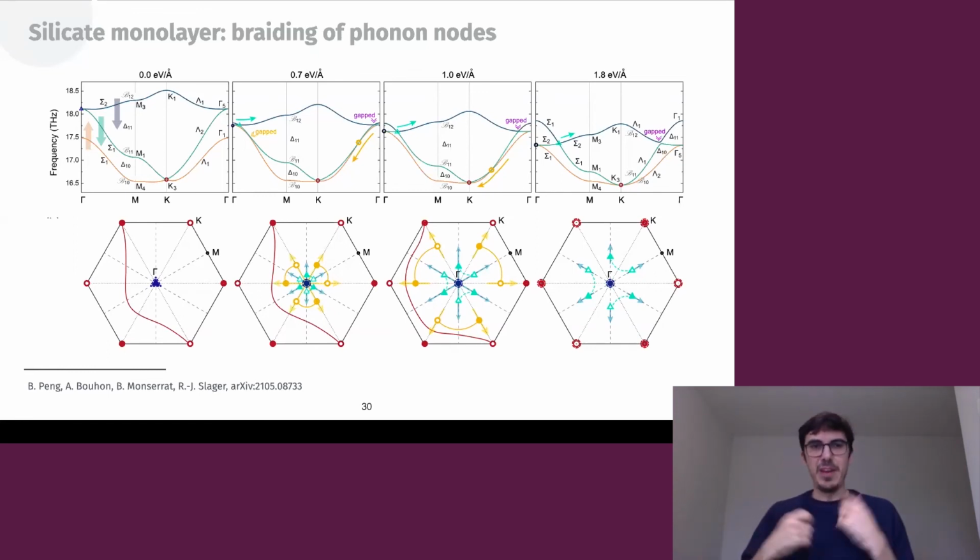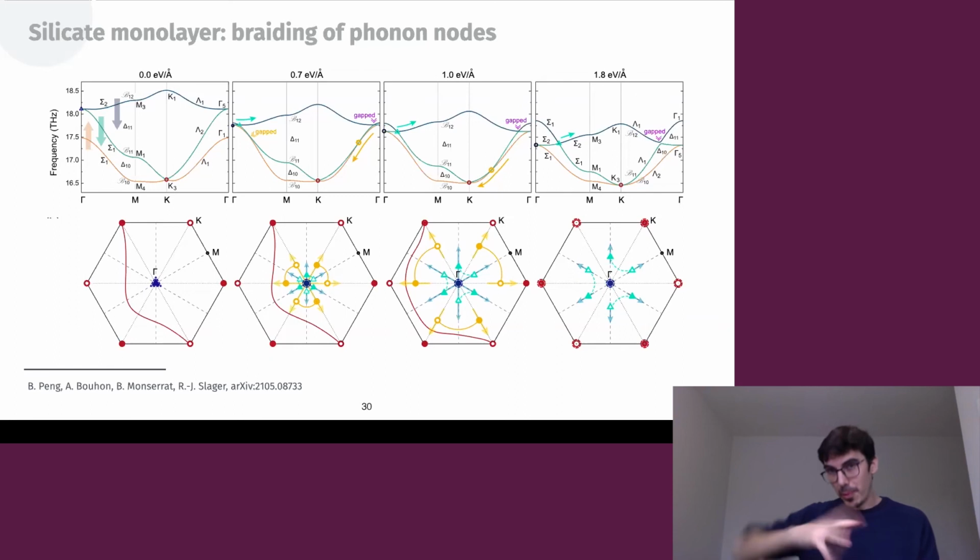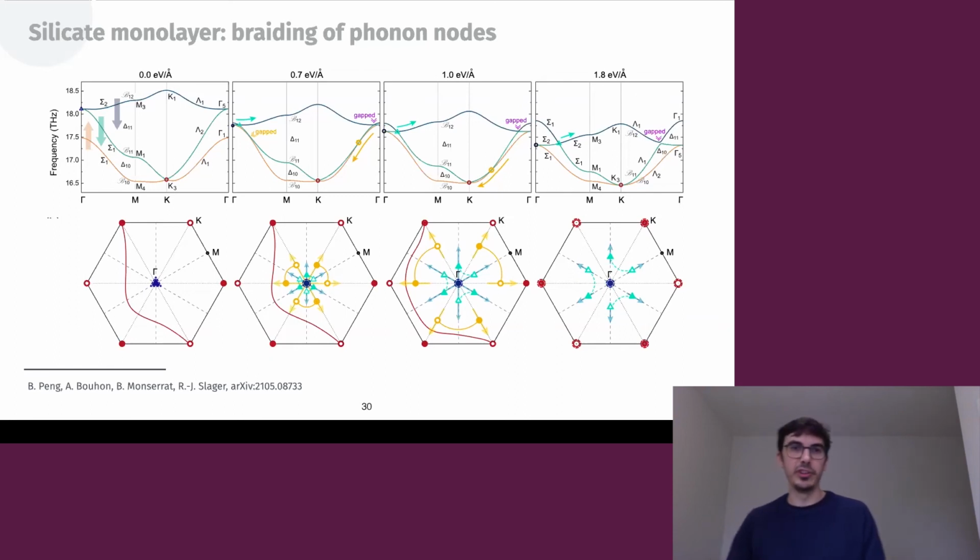But if you have enough patience, you can sit down and work through all the topological invariants around these Brillouin zones. And then in this particular case, we can observe braiding as a function of gate voltage.